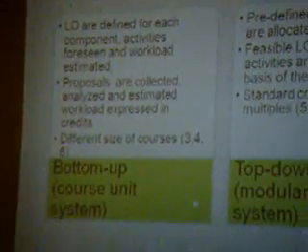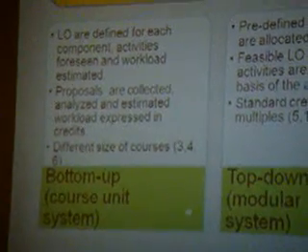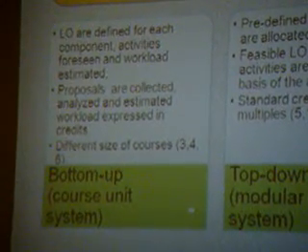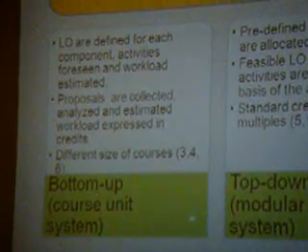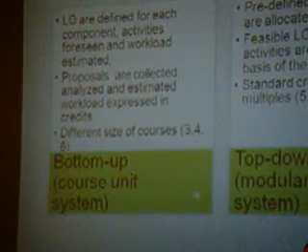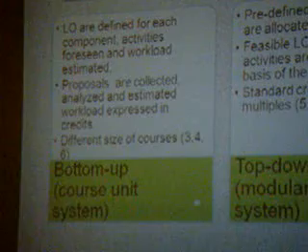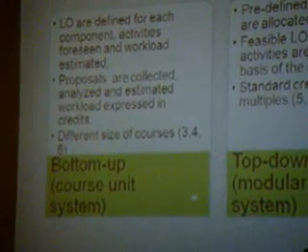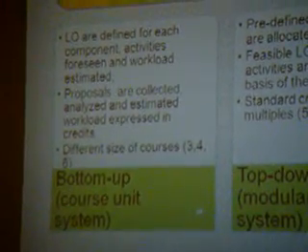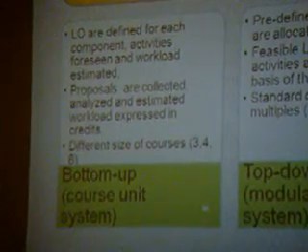So bottom-up is when we define learning outcomes for each component and the activities foreseen, we gather all the information, look at all the proposals from the teachers, estimate workload, and express that in credits. So this is a kind of course unit system where teachers have more freedom to say, okay, I want to teach this, this has to be taught. So it may be very favorable and liked by the teachers.